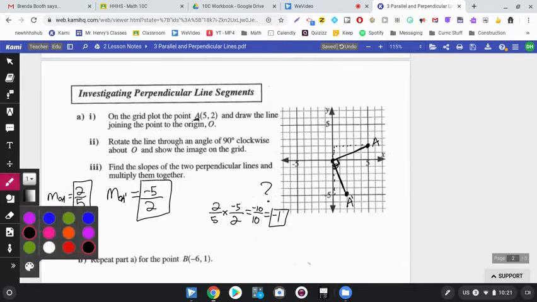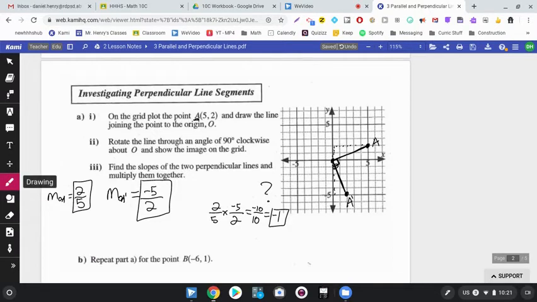All right, let's go to the next one where it says repeat, but we're going to do the point -6, comma 1. Okay, so this is B. Here is my point. And I'm going to rotate it 90 degrees, and we'll see if we can make some statements. So I connect it to O. There's my first line. Do the transformation, which I don't care about you doing.